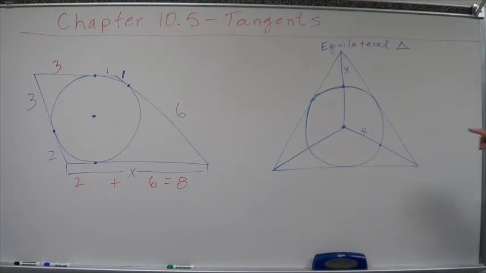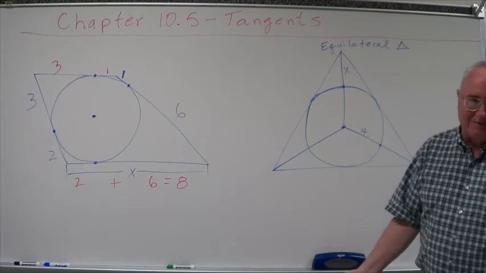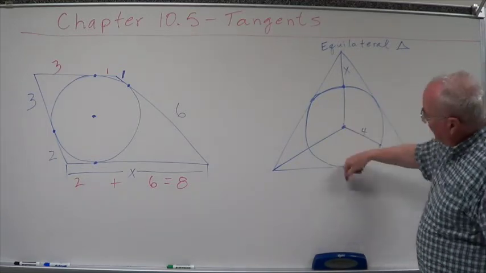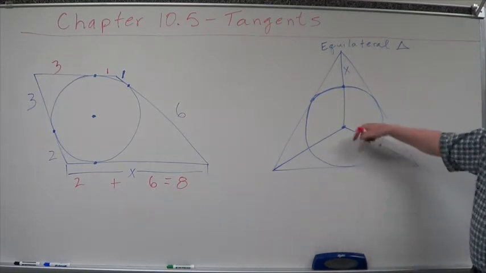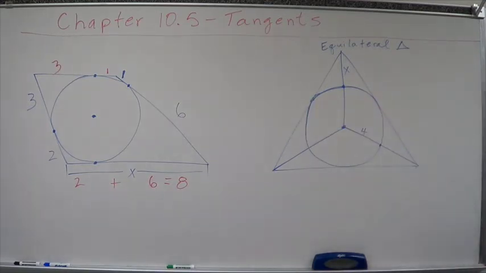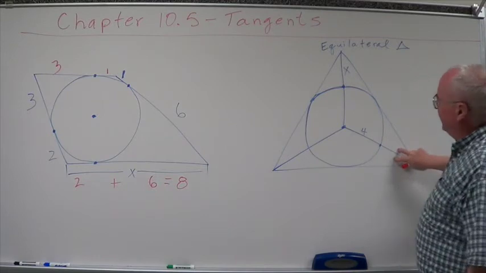The central angle. Okay, it's inscribed or circumscribed. Either way you do this, you've got 120 degrees. Wow, I drop a radius right here, or here, or here. I create a 30, 60, 90 triangle. How do I know that? Well, these are 60 degrees. Half of this is 30.